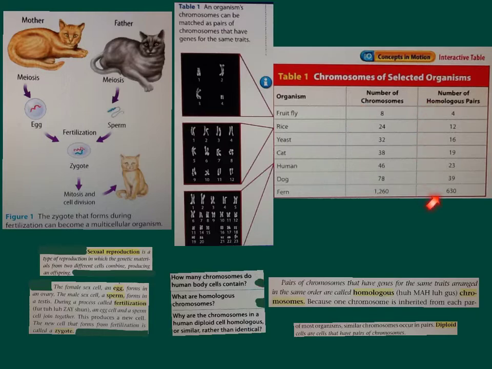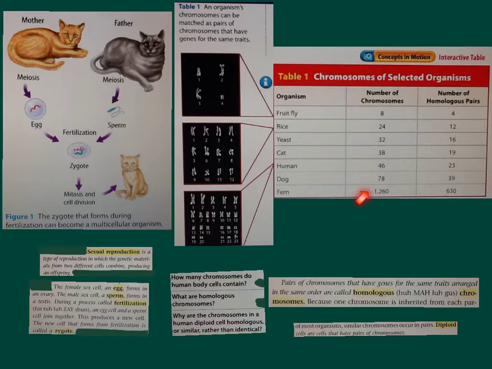If you take a look, you see 4 and 8, you see 12 and 24, you see 16 and 32, and so on with the rest of these. So what can you conclude about the relationship between these numbers and these numbers?